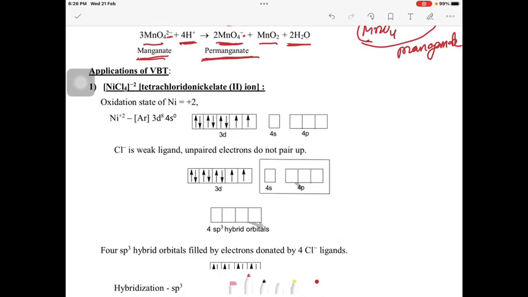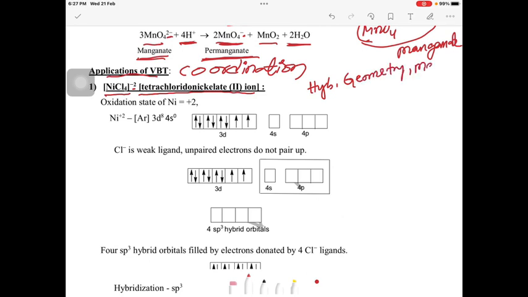Next, another question, applications of EDTA from coordination compounds. From coordination compounds, [NiCl4] 2 minus, tetrachloridonickelate(II) ion. For this we are going to explain hybridization, geometry and magnetic property.